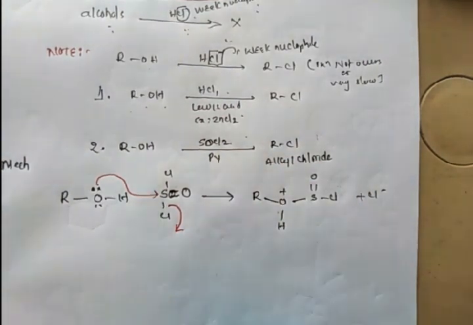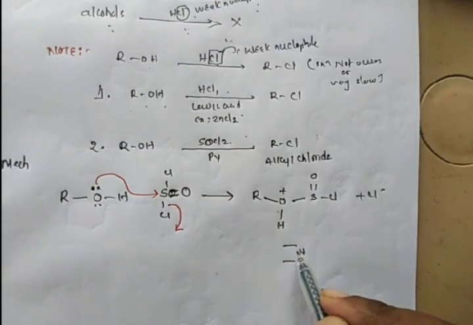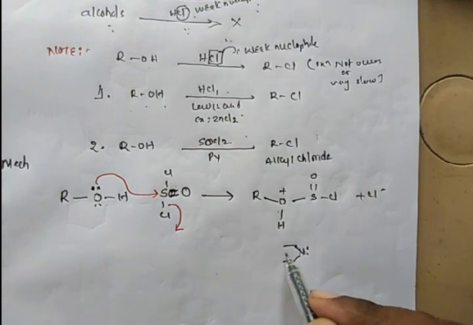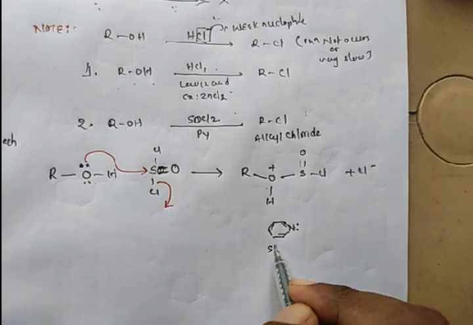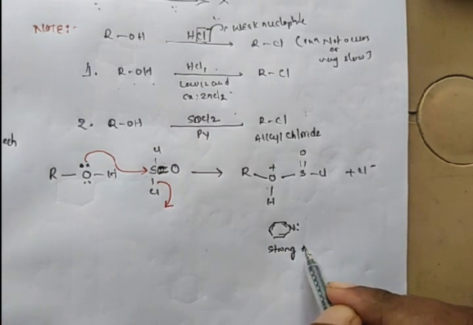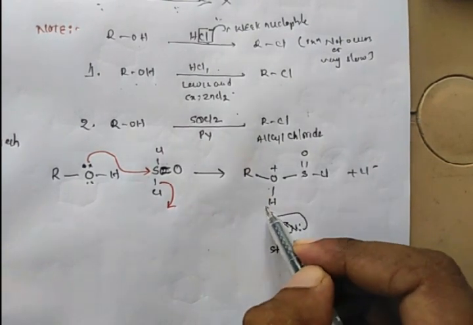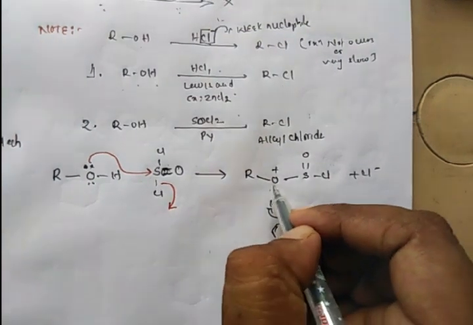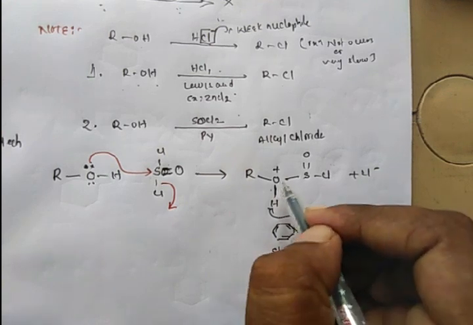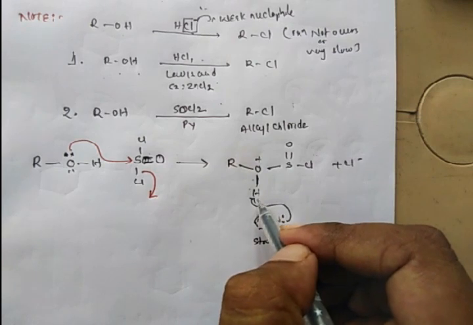So in the reaction medium along with the thionyl chloride, we have a strong base, that is pyridine. This pyridine is a strong aromatic nitrogen base. It abstracts this proton, this hydrogen, without the electrons.